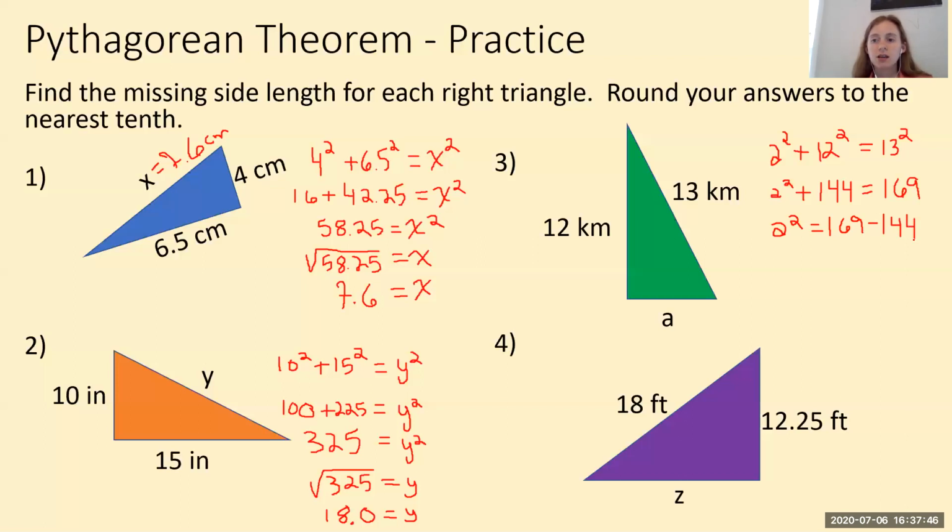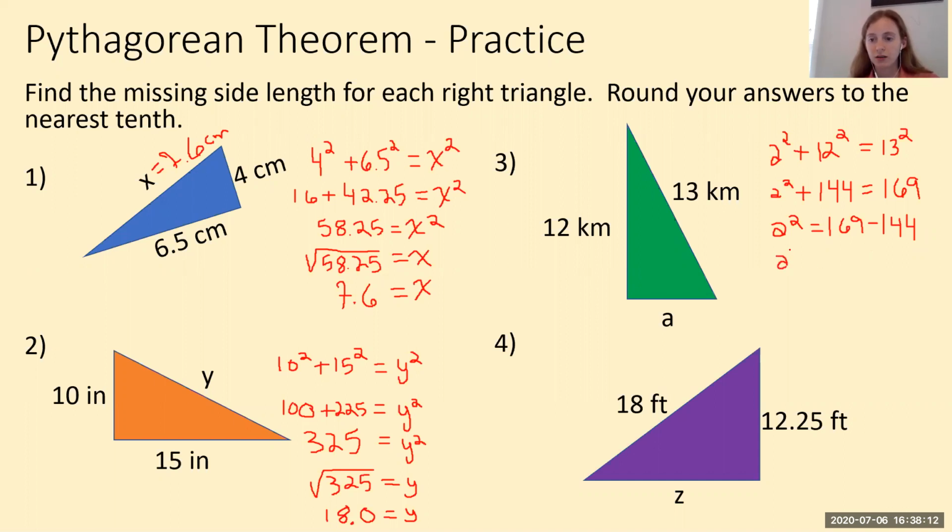So this is really the only difference between this problem and the other right triangle problems that we've done so far. Instead of adding the two squares, we're going to be subtracting the two squares that we know. So 169 minus 144 is 25.